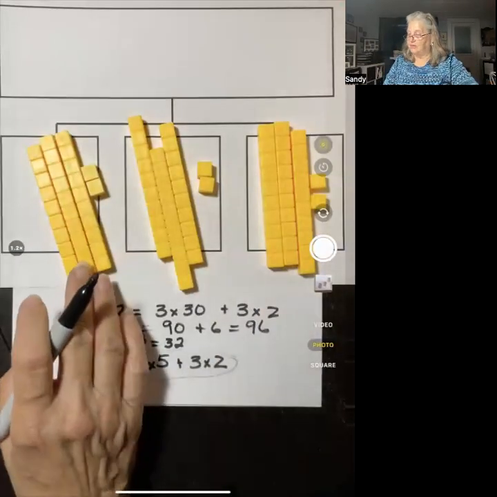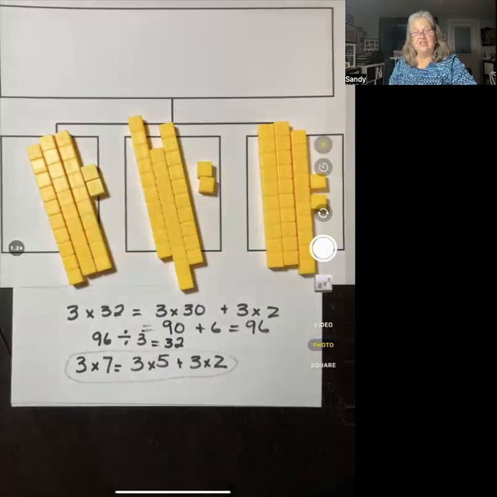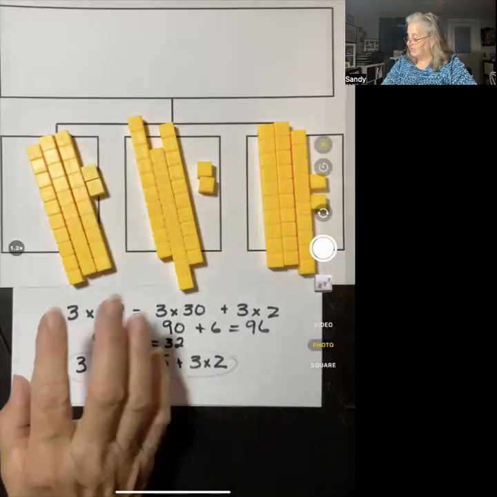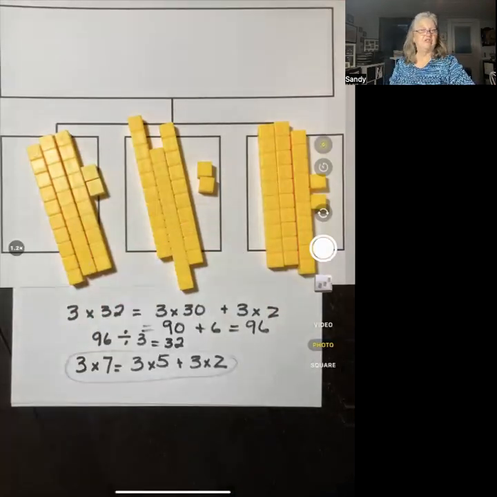I can use this with 2-digit numbers to show single digit times 2-digit. I could do it with 3-digit, right? I can play around with this and do this with fractions, 3 groups of 1.5. What's 4.5 separated into 3 equal groups? I can still look at inverse operation as your children move into decimals and fractions, okay?